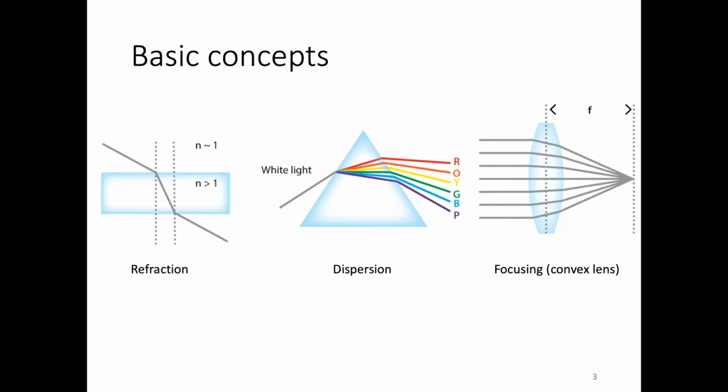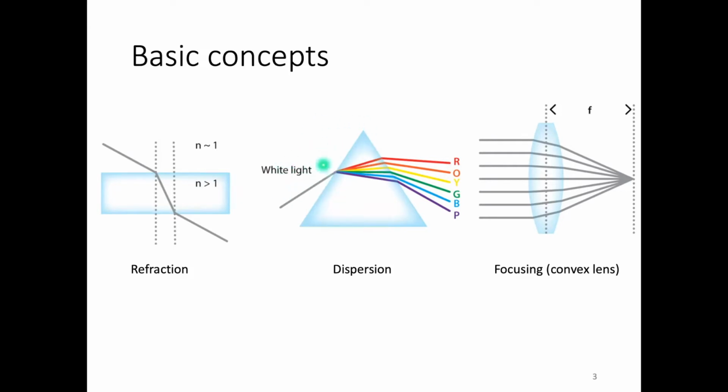microscopy. Some of the concepts that you all probably know are, of course, refraction. Refraction happens when you go into a medium that has a different refractive index than the other one, and you will get a bending of light. This depends on the wavelength of the light.